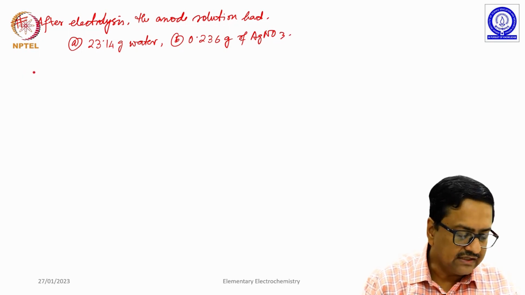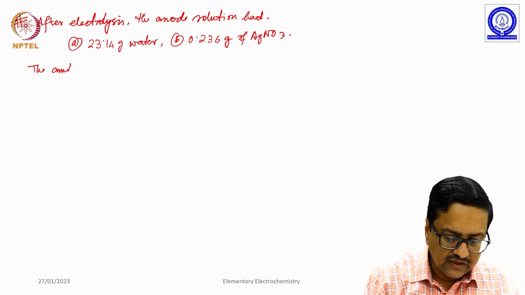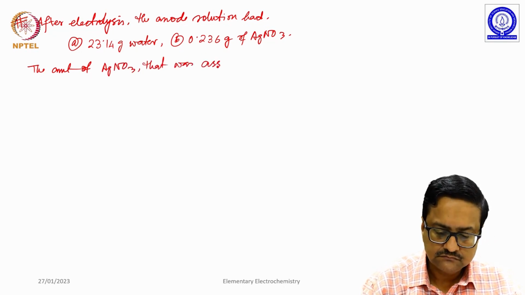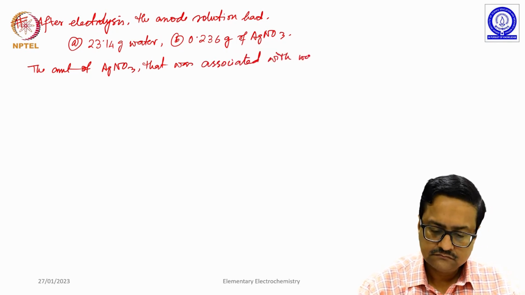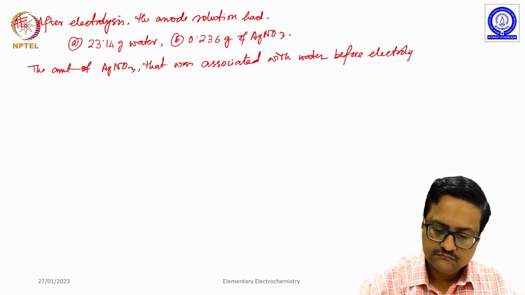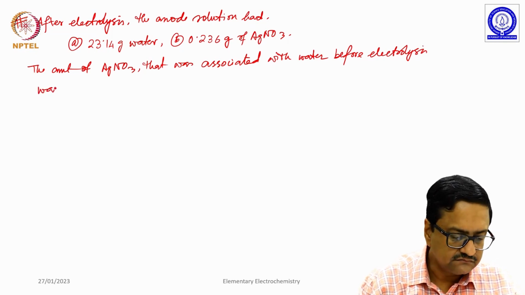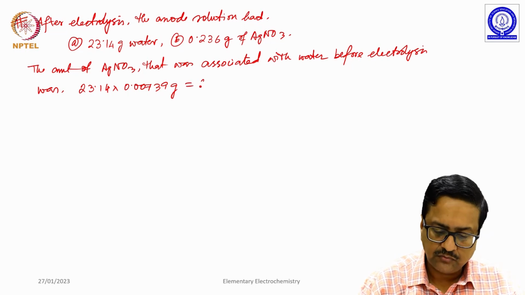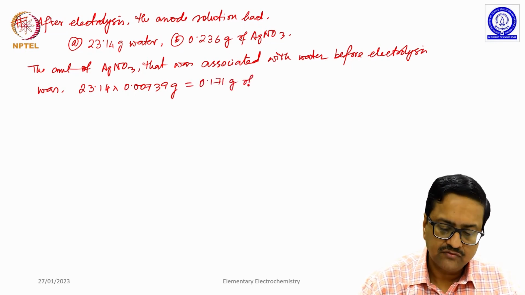Now, we can calculate that the amount of AgNO3 that was associated with water before electrolysis was 23.14 into 0.00739 gram, equal to 0.171 gram of AgNO3, right.